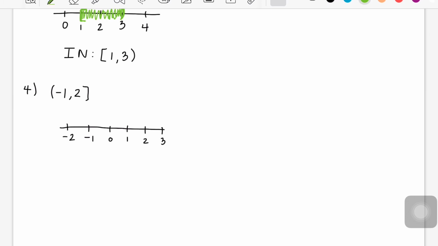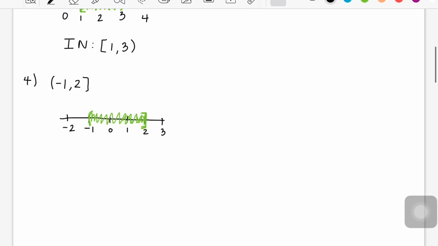So we're saying our interval is from negative 1, but not including negative 1, all the way up to and including 2. So all of the values in this region here. And then from this, we know what our inequality will look like. And that's values of x that are greater than negative 1, but not equal to, and less than or equal to 2.